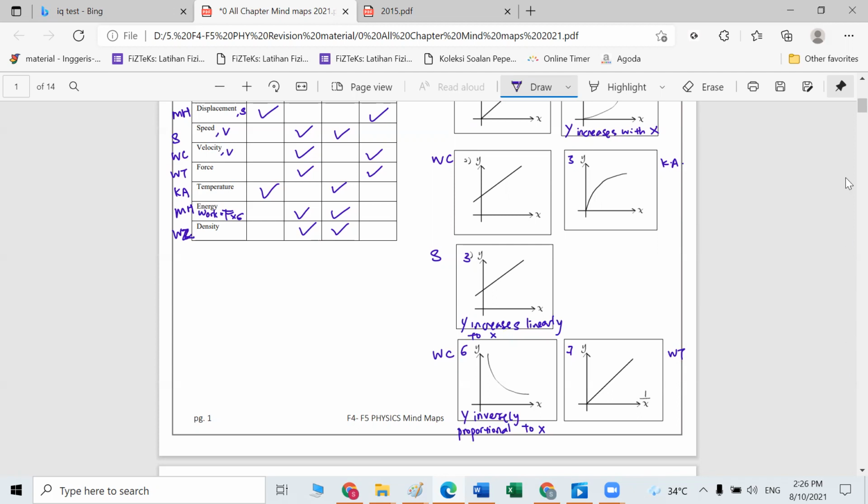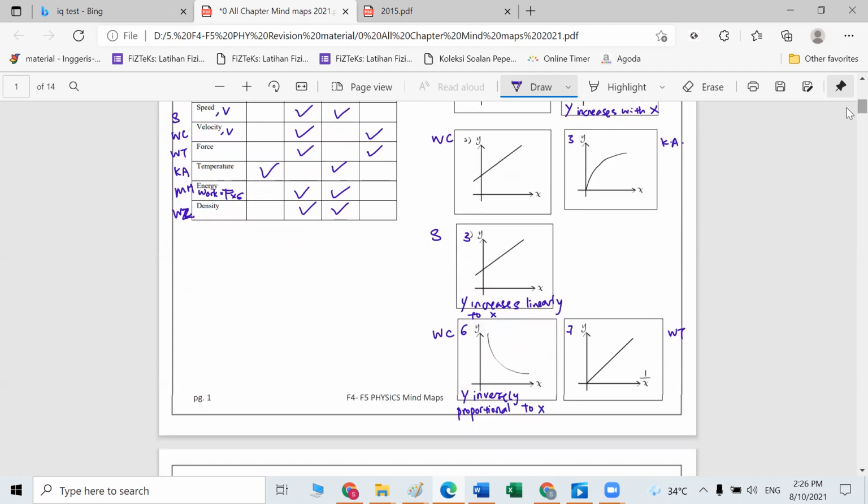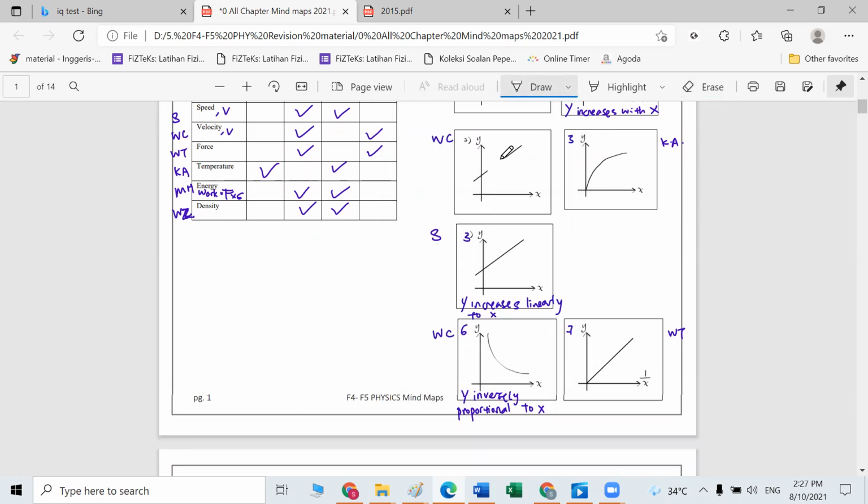Hey, I did something wrong. You all change this. This one going down.